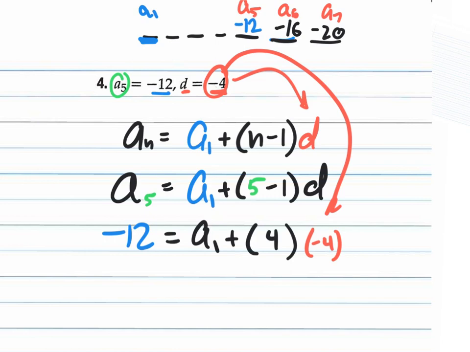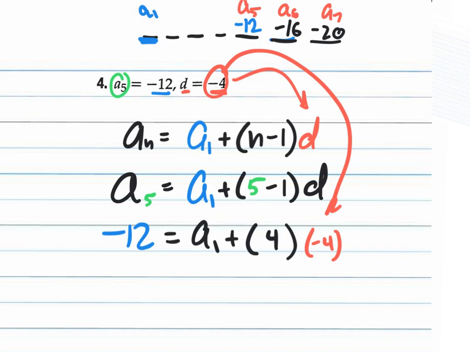Now notice that I did put the negative 4 in parentheses. If I don't put the parentheses, I might think that it says 4 take away 4. So I put the parentheses there to remind me that I'm multiplying, right? You're multiplying times d. So I put the negative 4 in parentheses so I'll remember to multiply.